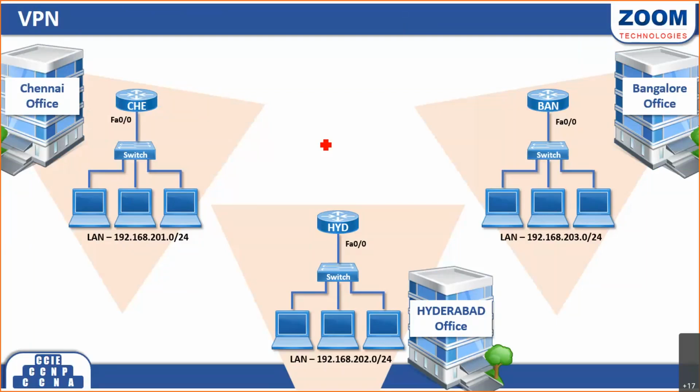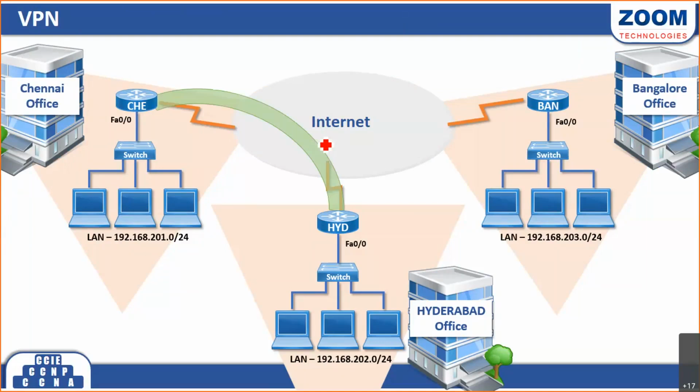Say we have three offices, Chennai, Hyderabad, Bangalore, commonly connected to the public network, the internet. If data is exchanged over the internet and is not secured, what do we need to do? We create one tunnel, one virtual link from one side to another side. The data comes through the tunnels and your data is encrypted.